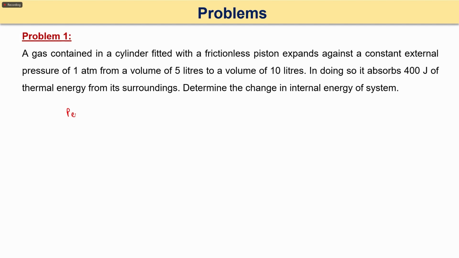So P external is given as 180. The gas expands from a volume of 5 liter to a volume of 10 liter. So the initial volume is given as 5 liter and the final volume, V2, is given as 10 liter.